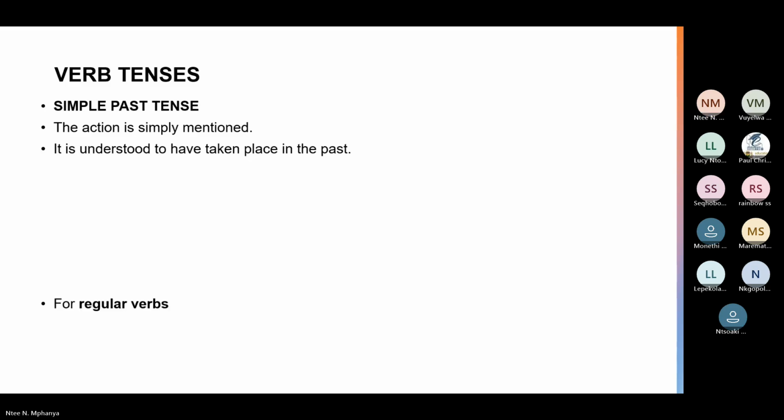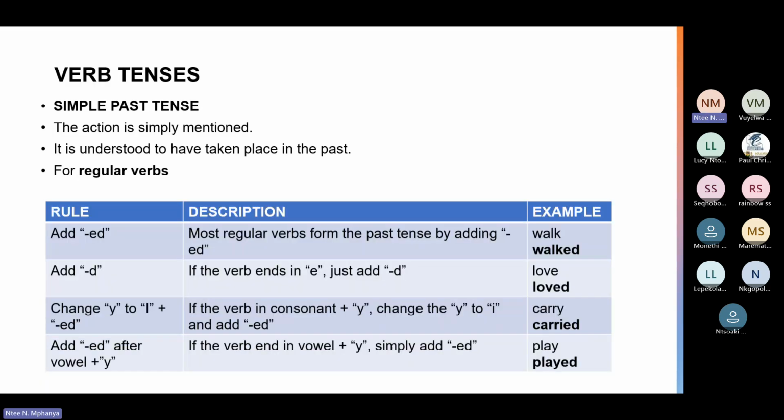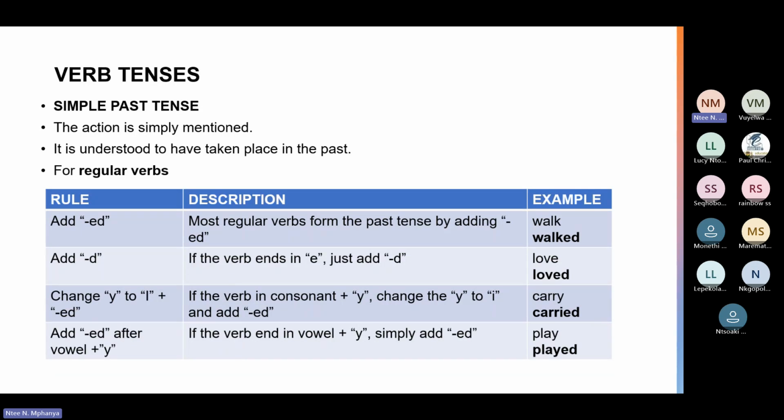In the past tense, the action is simply mentioned. It is understood to have taken place in the past. We look again at regular verbs. We've already looked at our rules and our descriptions.